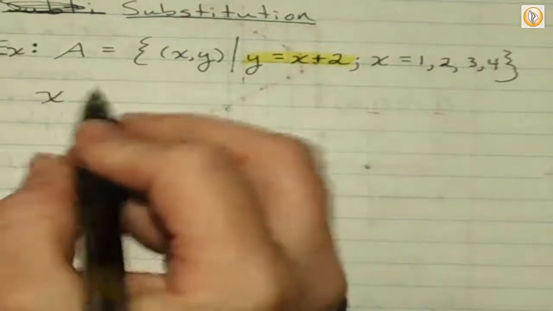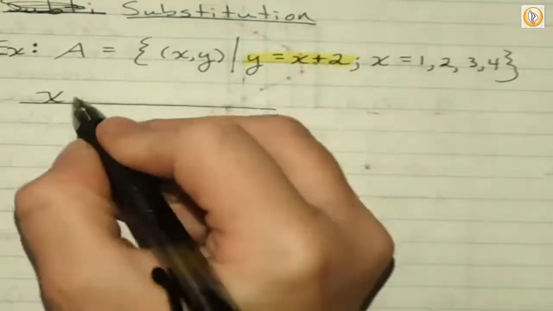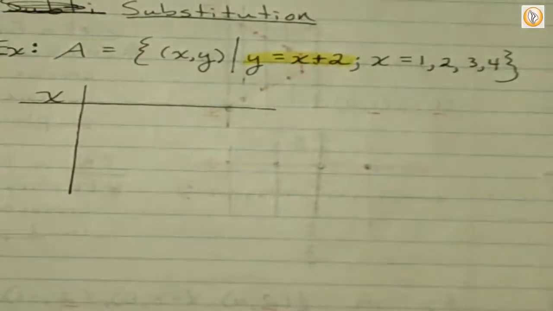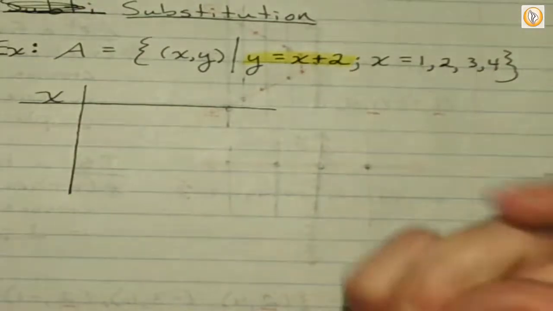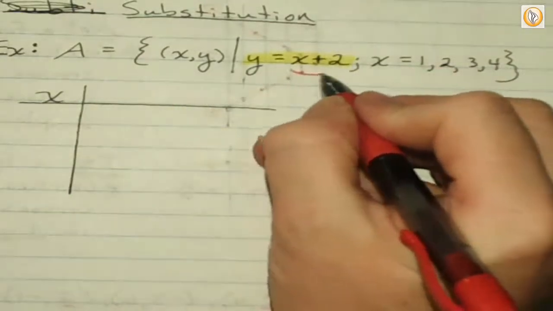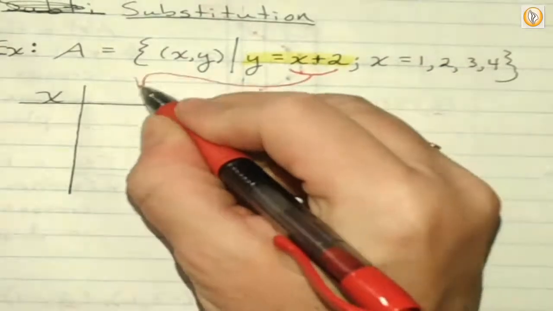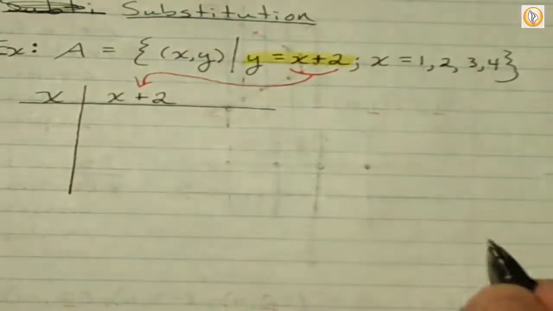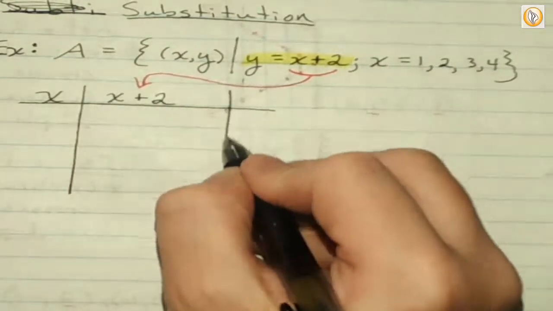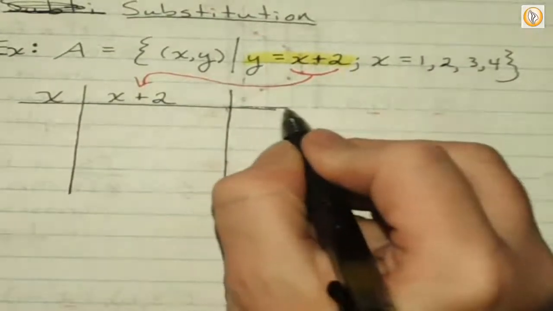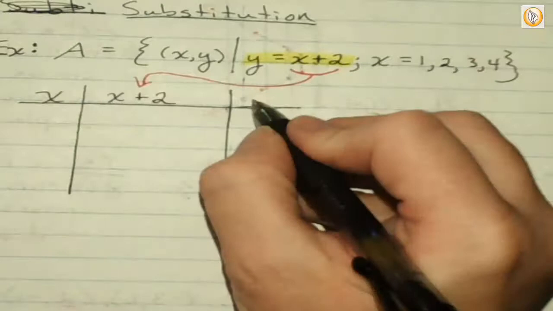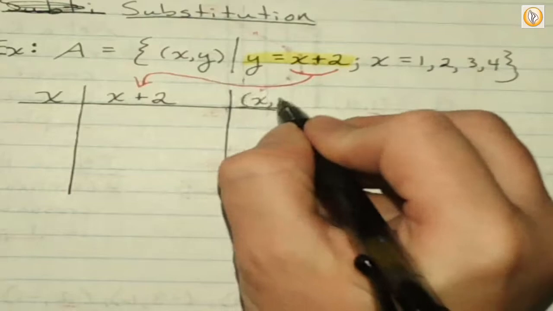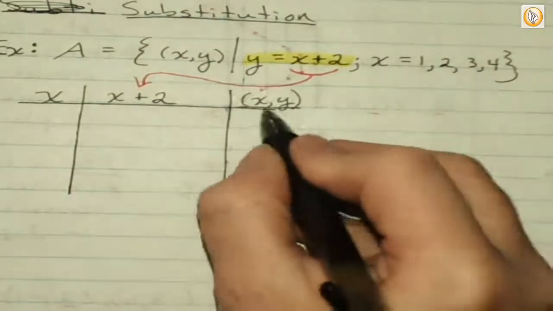You're going to make a table. You're going to put the equation right here. And then right here, you're going to find your X and Y. Y'all recognize this kind of table, right?